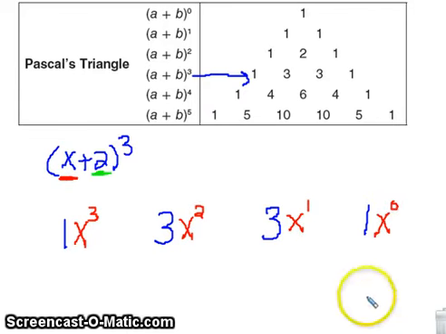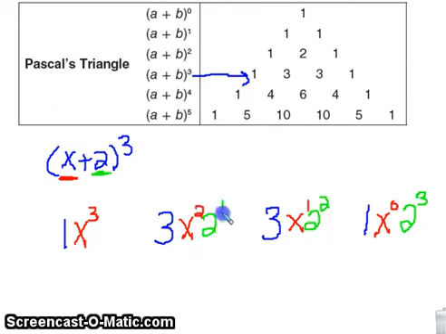What am I going to start on my right with? 2 to the third, 2 to the second, 2 to the first, and 2 to the 0. We then are going to have to clean this up. We're going to add all these terms together, but anything to the 0 power is 1.